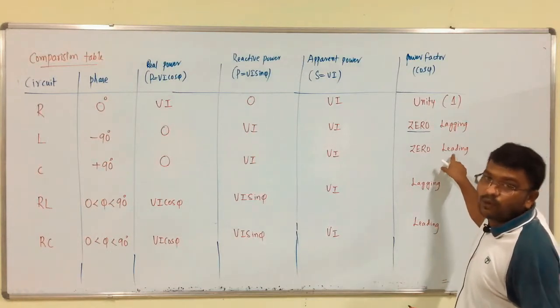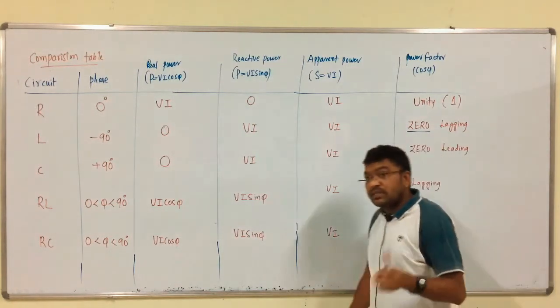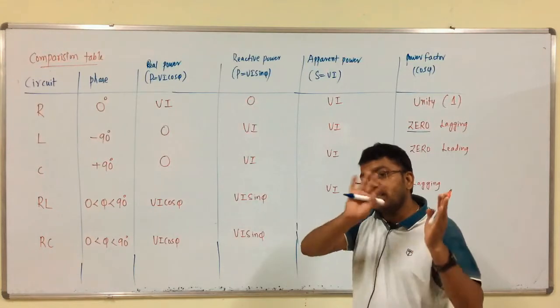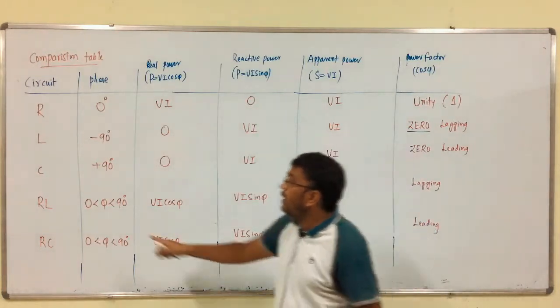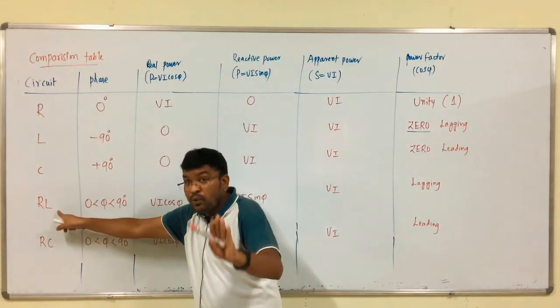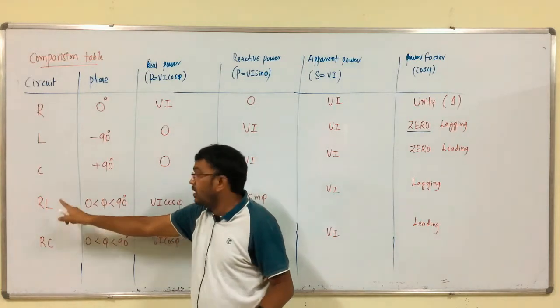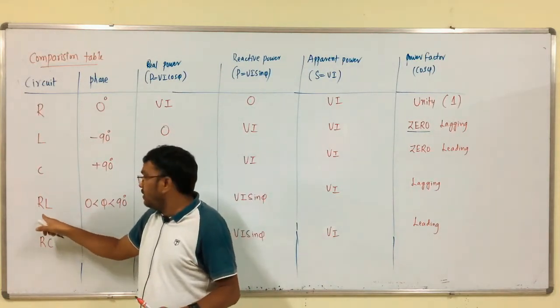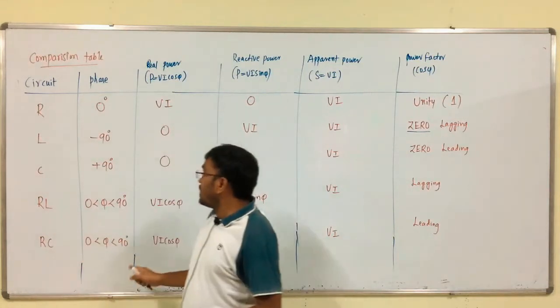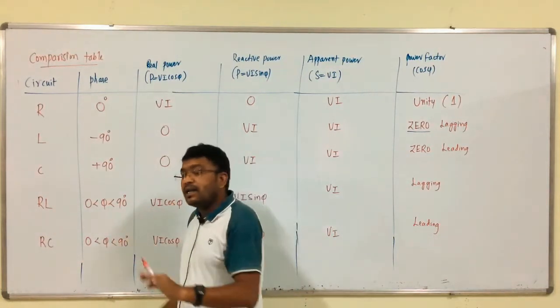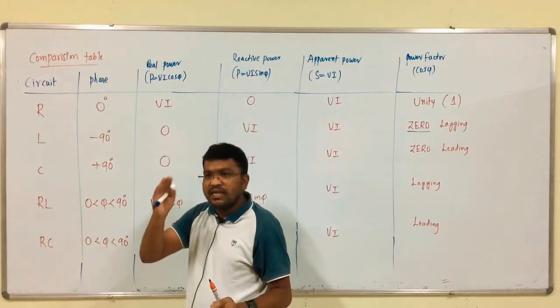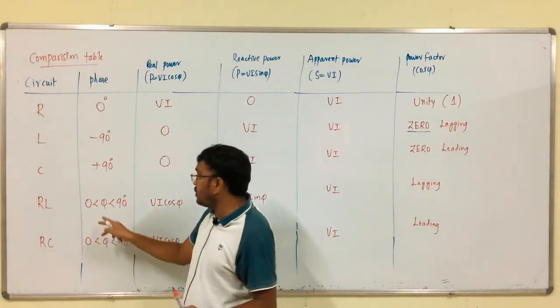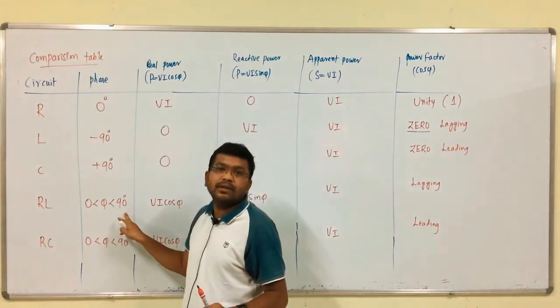Then if the circuit consists of a combination of resistance and inductance, now it is not a pure inductive circuit. Here is the combination of R and L. In this case, the phase displacement between voltage and current decreases, meaning it is less than 90, between 0 and 90.